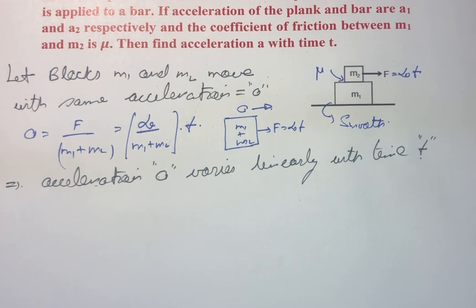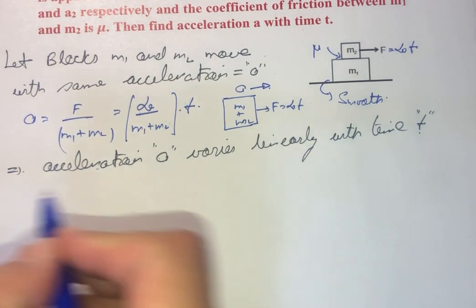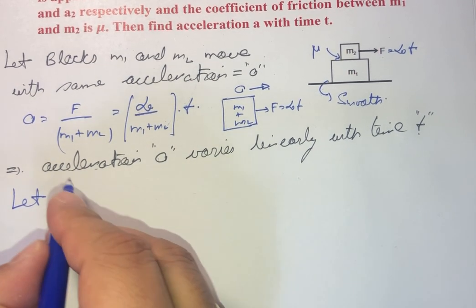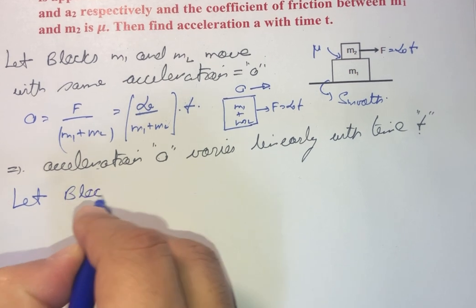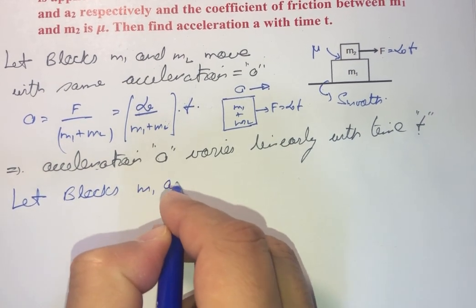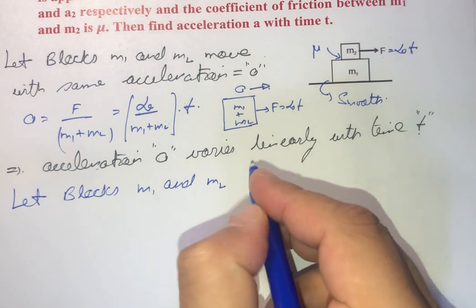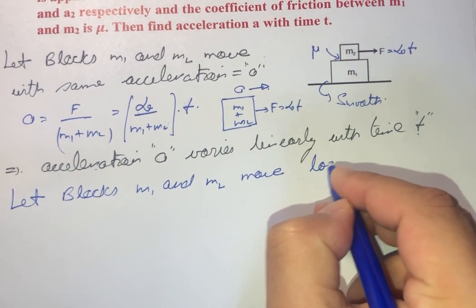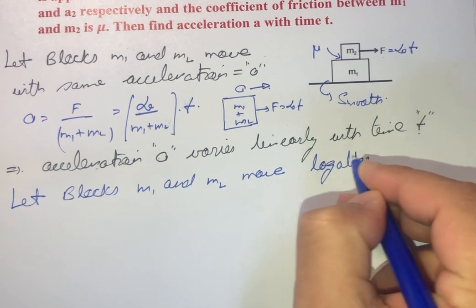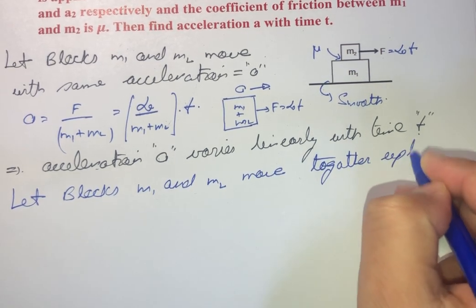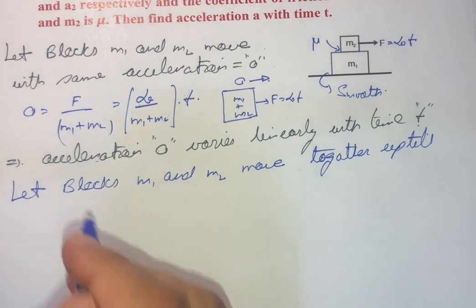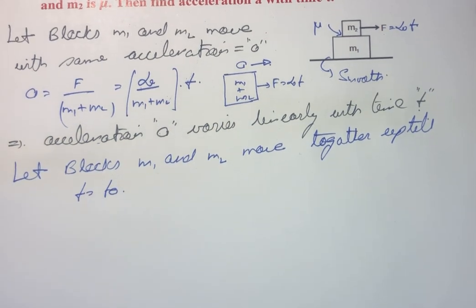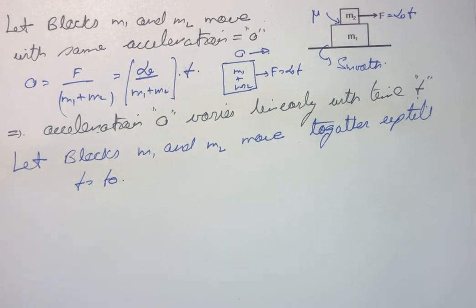And we also assume let blocks m1 and m2 move together up till t is equal to t naught. So they are moving together up till t is equal to t naught.